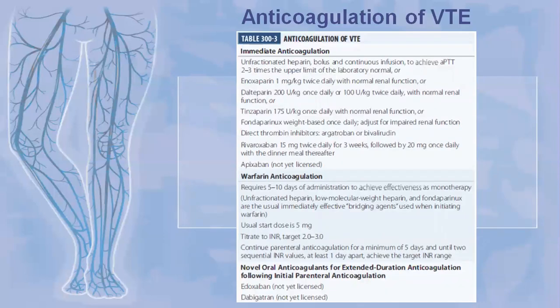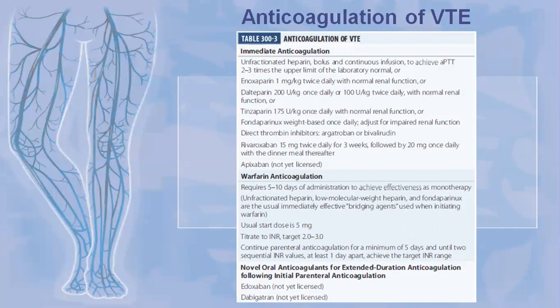Here is a table of the different types of anticoagulation for venous thromboembolism. You have here immediate anticoagulation. Here are your options: unfractionated heparin, enoxaparin, dalteparin, tinzaparin, fondaparinux, direct thrombin inhibitors, rivaroxaban, and apixaban.